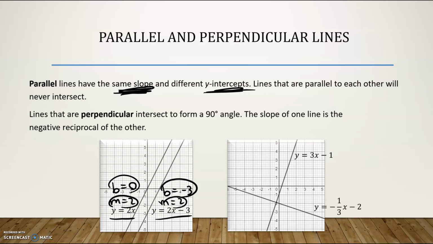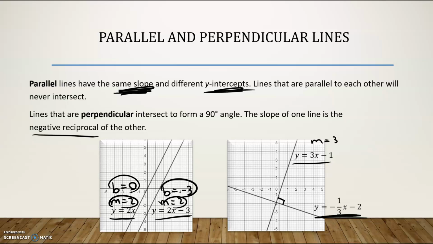Now let's look at perpendicular lines. They're going to intersect at 90-degree angles. To represent a 90-degree angle, we put a little box between those two lines. Now their slopes are going to be negative reciprocals of each other. So let's look at this line. It has a slope of 3.